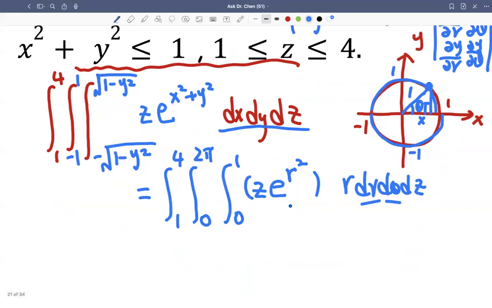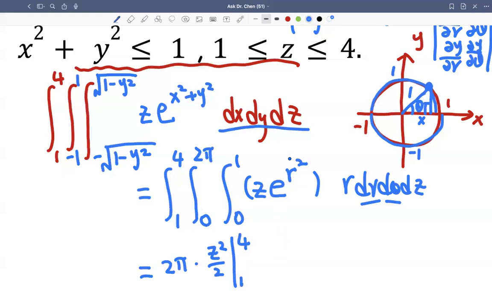Now the integral is free from theta, so we can just calculate the theta direction. So we get 2 pi minus 0, which is 2 pi. And we can integrate the z direction: we get z squared divided by 2 by the power rule. Then we evaluate from 1 to 4.